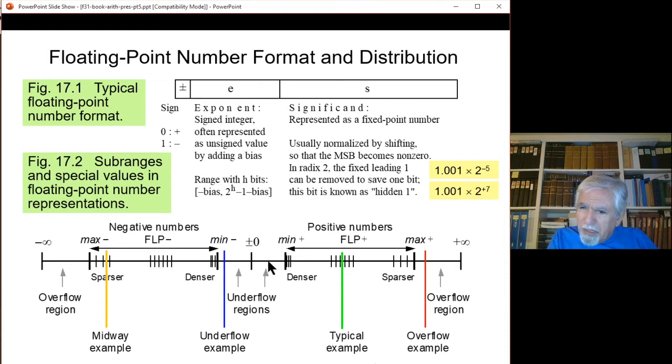We can round it, for example. If it's very close to min plus, then we may round it to min plus by committing a small amount of error. More often, however, when we encounter underflow, we flush the number to 0.